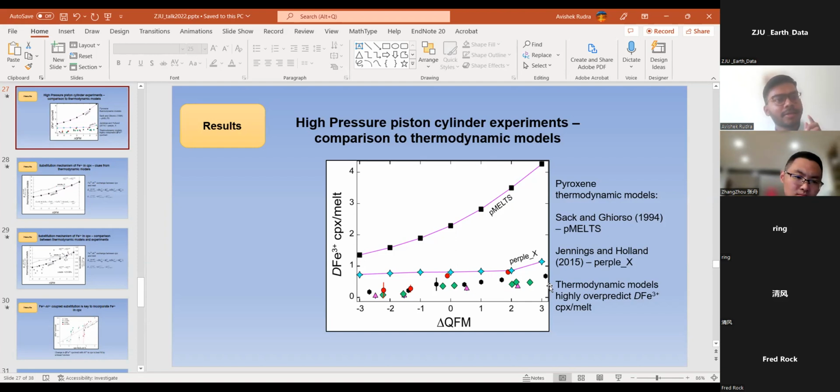For example, if you have a mafic lithology in the source of the ocean island basalt, it might have a very different ferric iron content compared to the rest of the ambient peridotite, but the oxygen fugacity of the mafic lithology, let's say eclogite, could be very similar to the peridotite, just because of the way the mineralogies are.